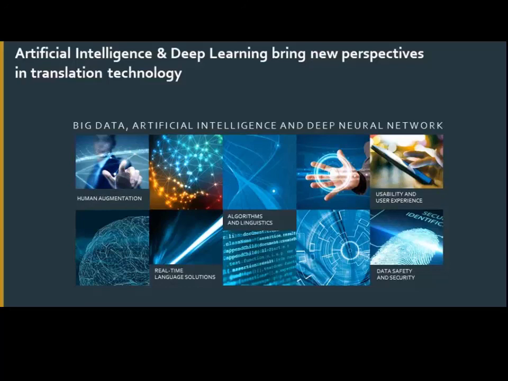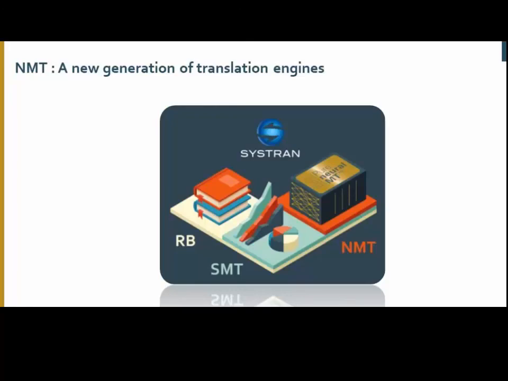And what is very interesting with that new era is that it brings a brand new generation of machine translation. Machine translation has experienced several technological periods in the past. Of course, at first you had what we call rule-based technology. It was really around grammatical rules, linguistic rules.